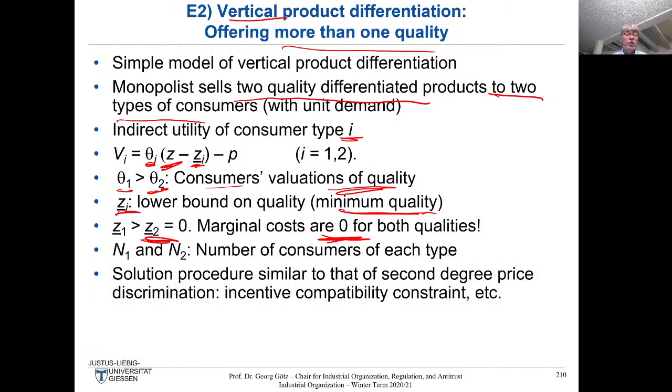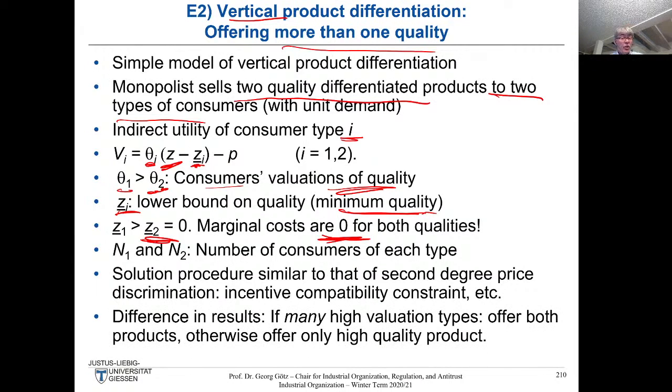The solution procedure here is similar to that of second-degree price discrimination. You have an incentive compatibility constraint, you have a participation constraint. You do exactly the same thing, and you will have to do that in one of the problem sets. And what is interesting here, and I don't go into the details, I just want to mention this result. You will be able to derive that.